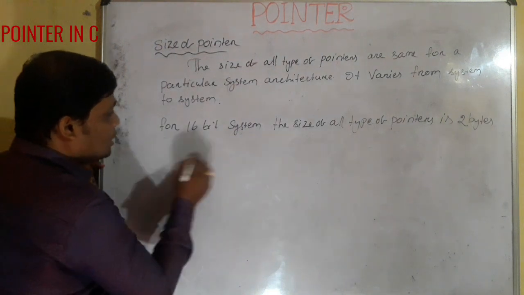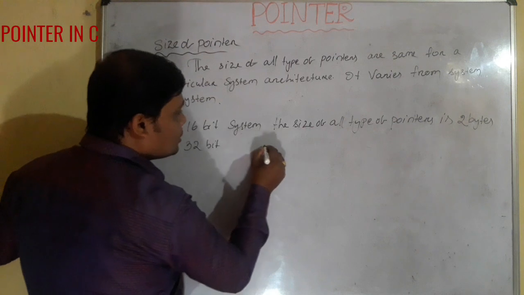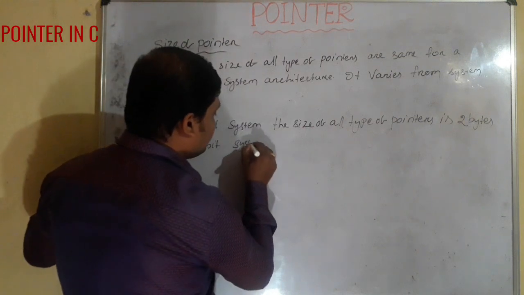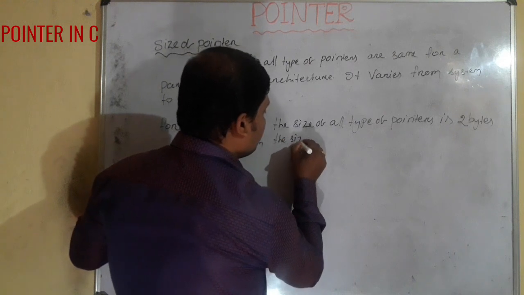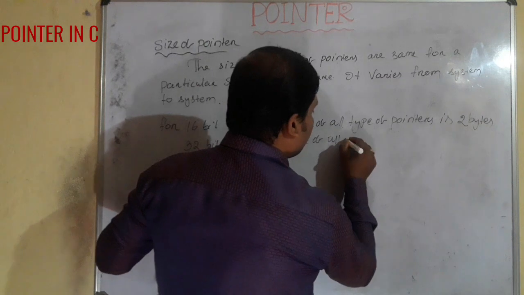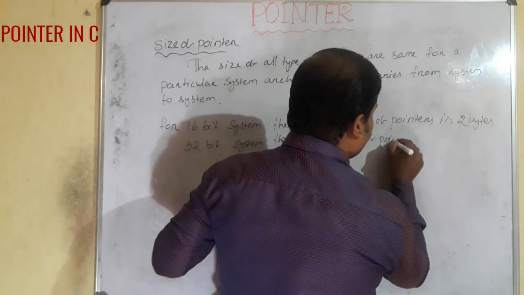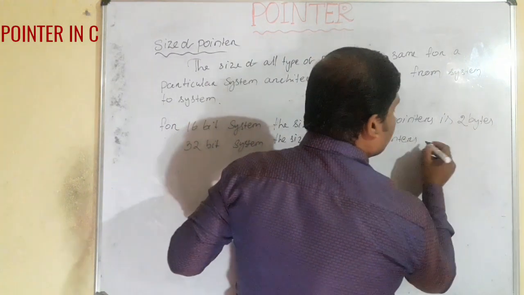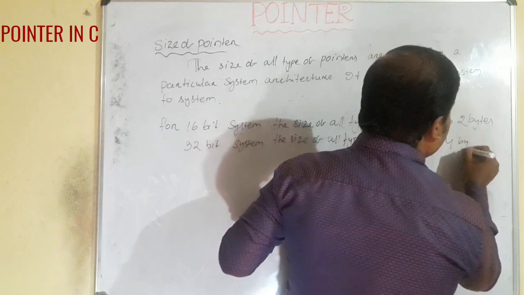Clear? Same for a 32-bit system, the size of all types of pointers is 4 bytes.